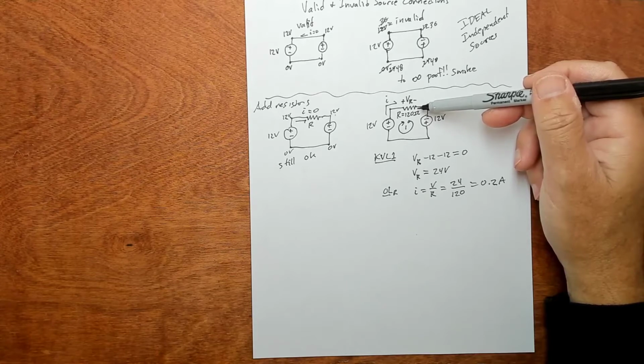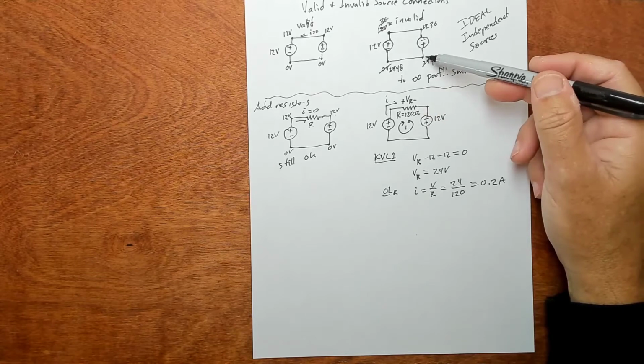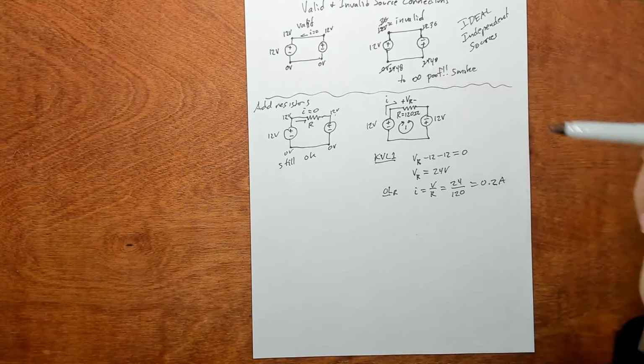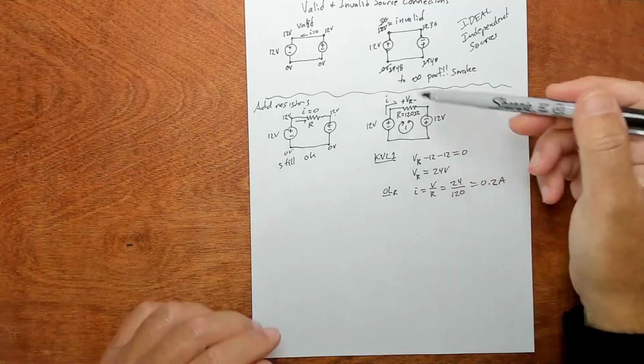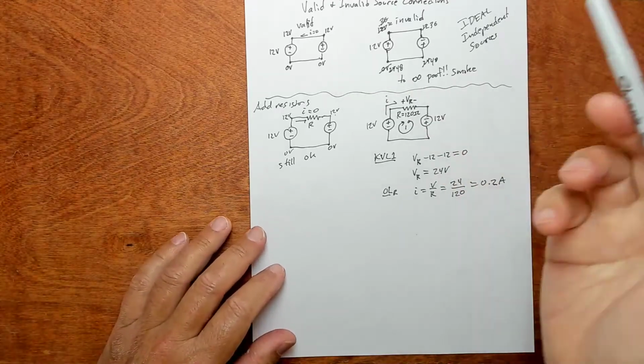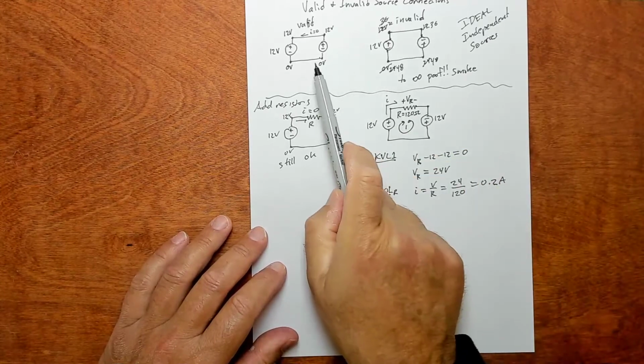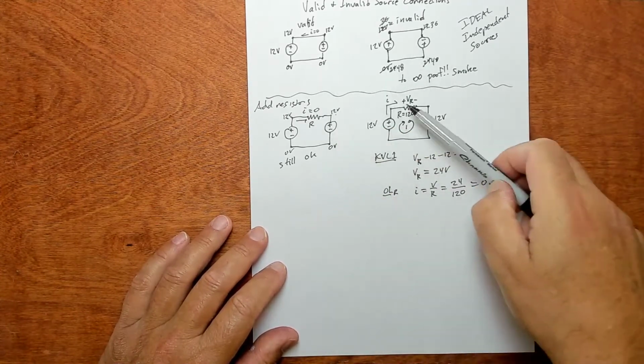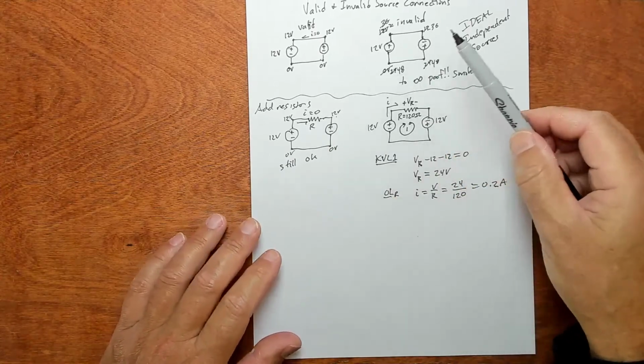So a wire has a very, very low resistance, so it's going to be extremely high current, and things might explode. So anyway, this is just a simple example of hooking up valid and invalid. The book just talks about these two cases, and it doesn't actually put a resistor. But keep in mind, in real life, there's a resistor.